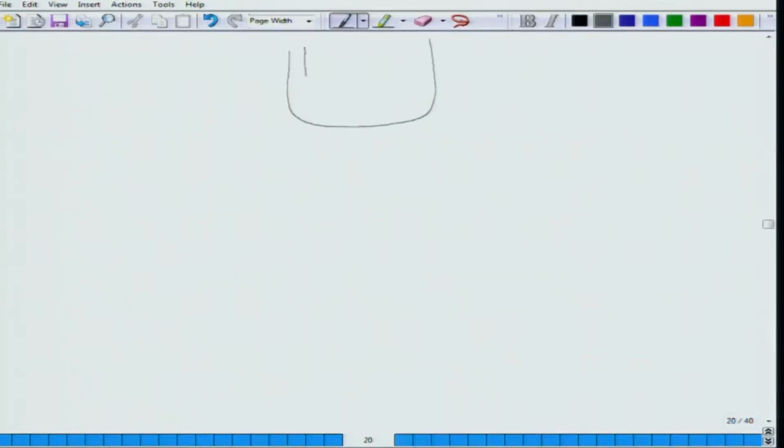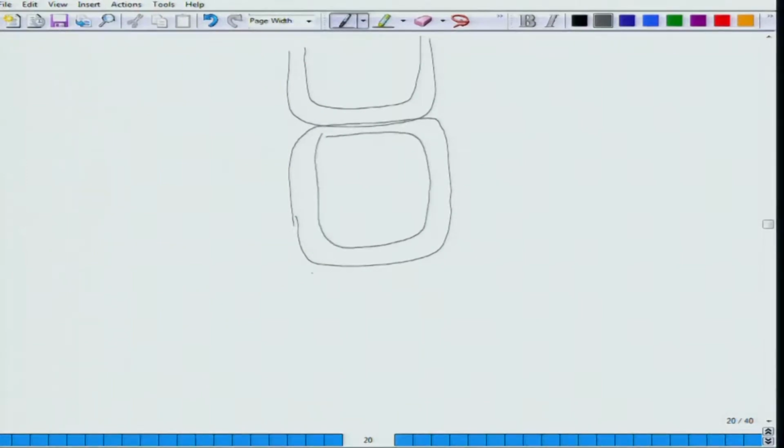So, I am at the cellular level. What I have drawn just before this, now I am talking about the individual cells. So, let us take up this section.